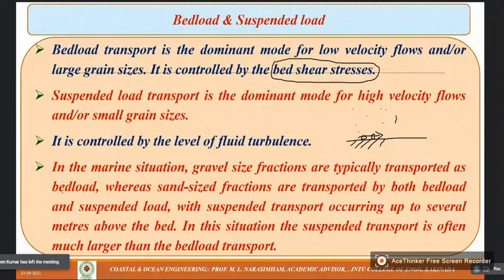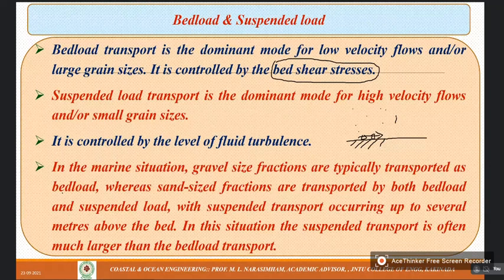Now, because the suspended load can extend to a few meters above the bed level, and the bed load thickness is relatively small, and moreover, because the bed load consists of larger sized particles, the velocity with which the bed load material or the grains will be traveling will be less compared to the velocity with which the suspended load material will be moving.